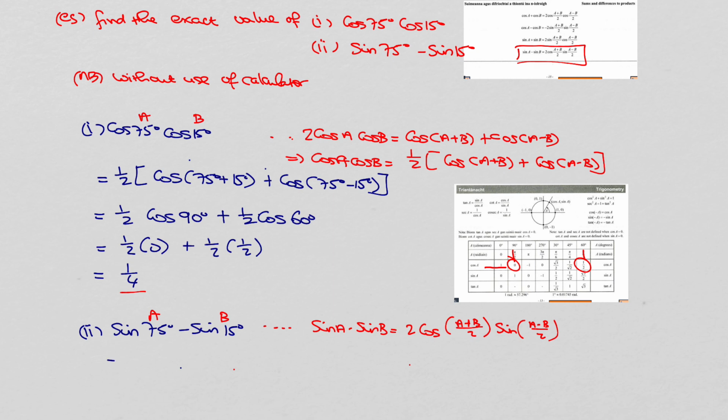So subbing in my values then, that gives me 2 cos half the sum, sine half the difference.